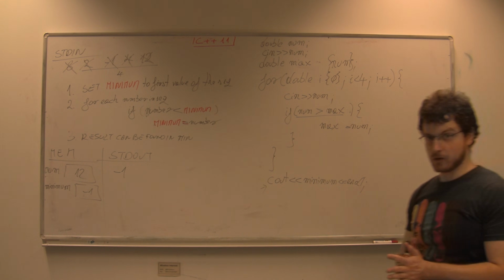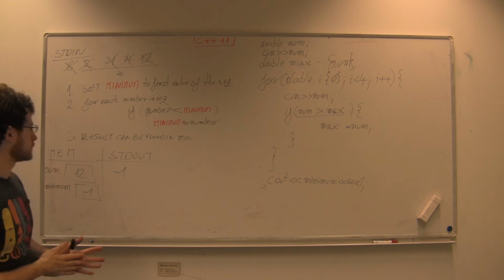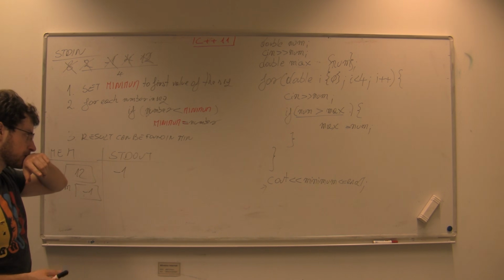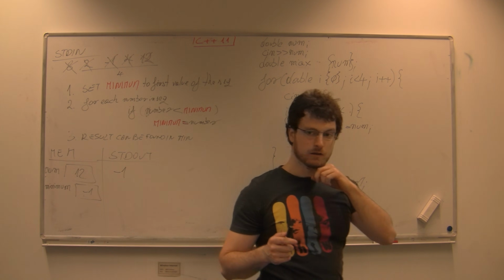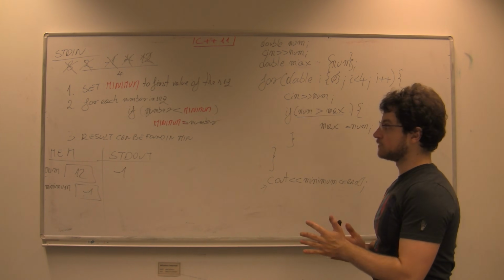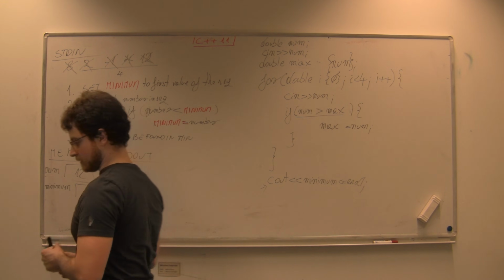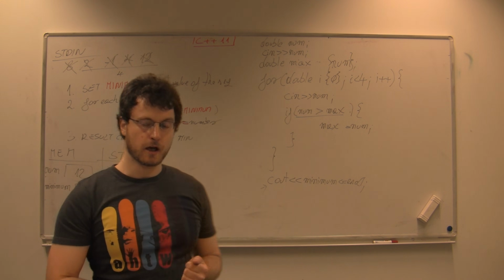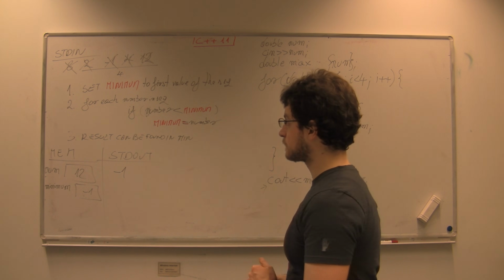As this video is quite a bit long, I will not do any more problems using this algorithm, but I will give you a homework assignment. What I want you to do is to take a sequence of numbers, for example, 10 numbers on the standard input, and find the second smallest number in the sequence.